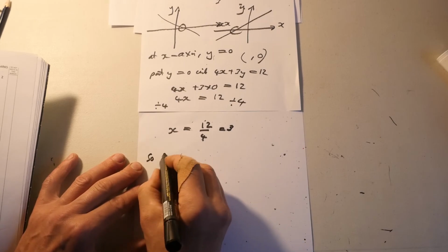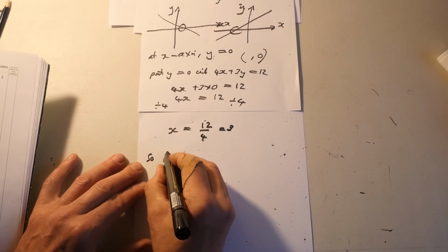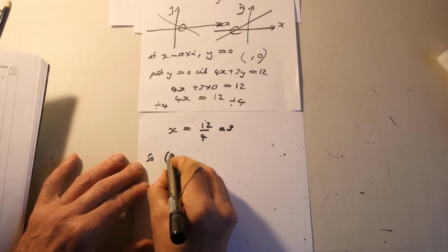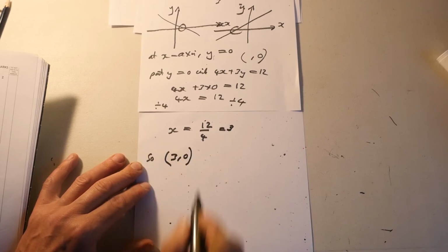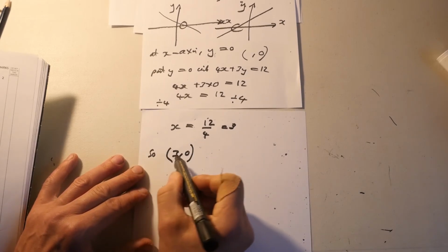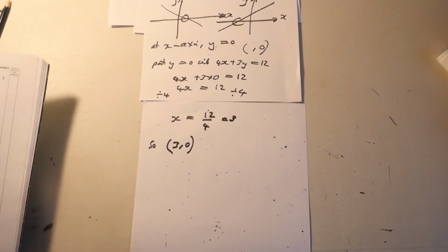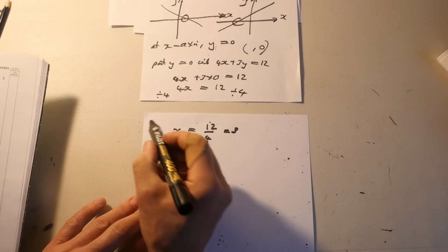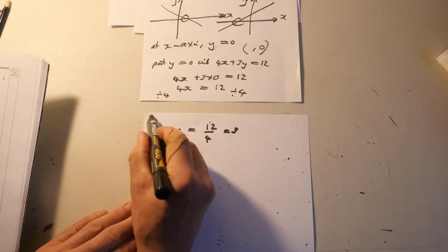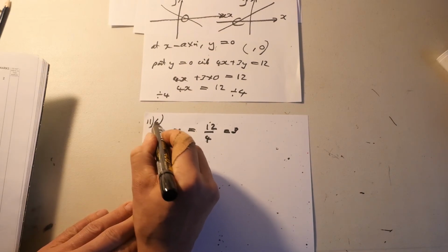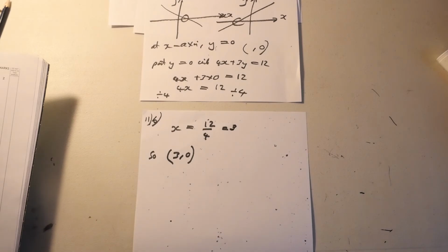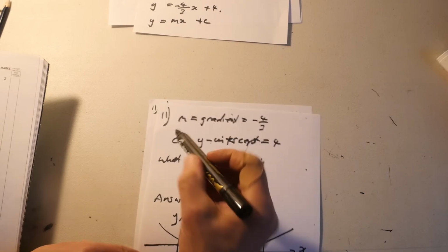So the coordinate where the line crosses the x-axis is 3, 0. That's how you answer. That's the answer to 11b, and that was actually problem 11a.